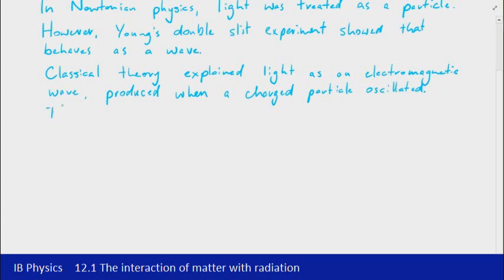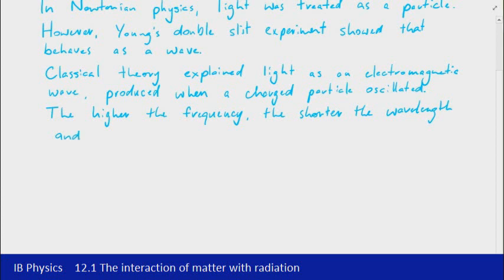That would mean that the higher the frequency of the oscillation of the charged particle, the shorter the wavelength will be. And if we've got a really short wavelength, that means that there's a lot of energy being input into the system in order for the oscillation to occur.